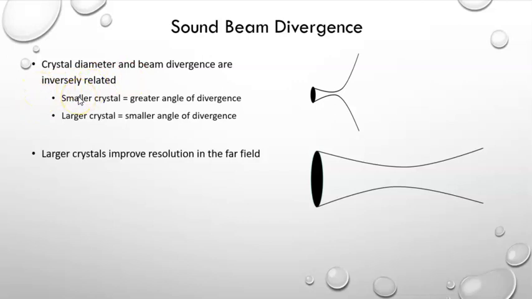The smaller the crystal, the greater the angle of divergence. The larger the crystal, the smaller the angle of divergence. A way to restate that is a larger crystal improves resolution in the far field. We get less spreading of the beam in the far field.